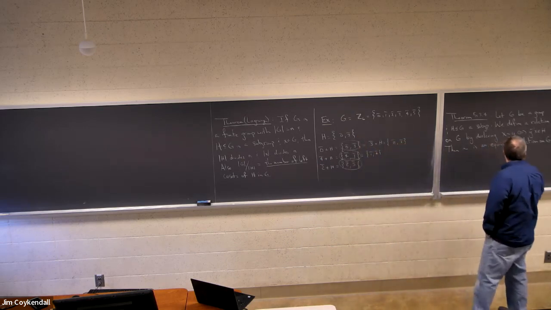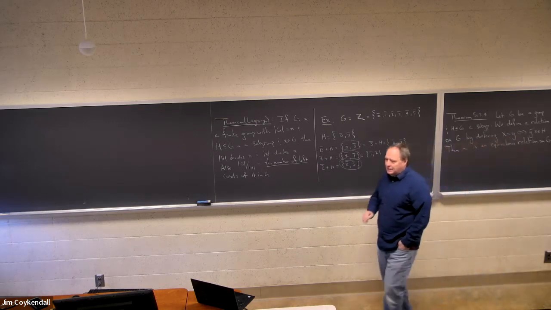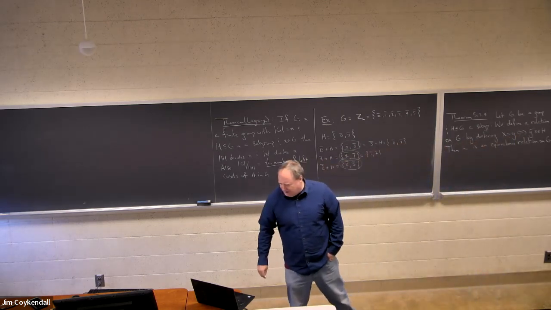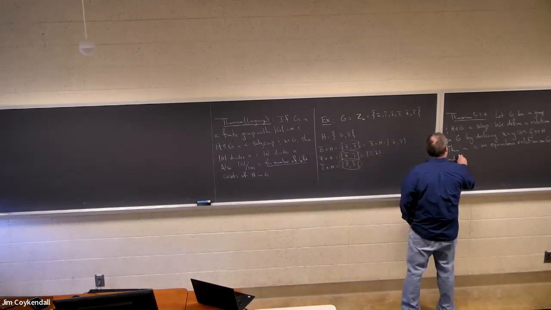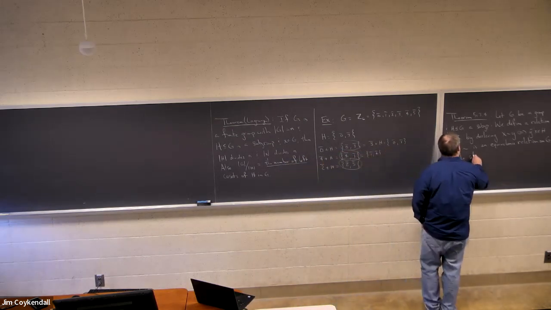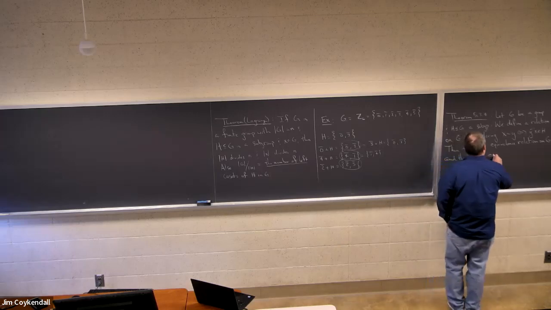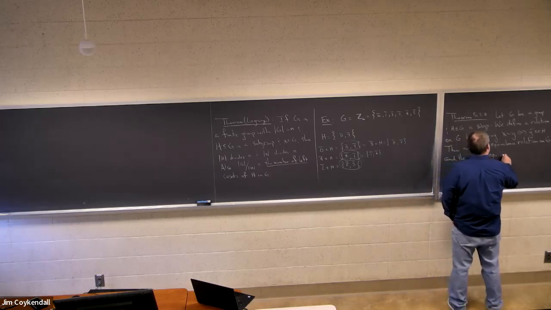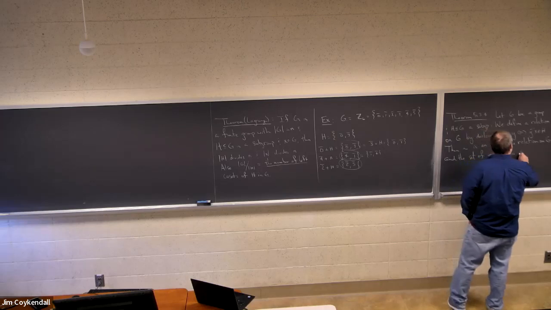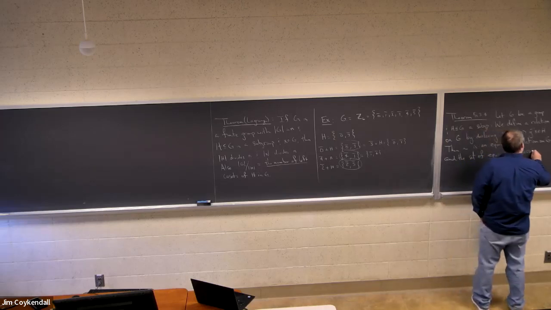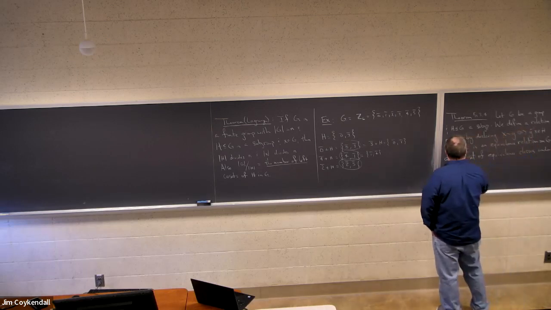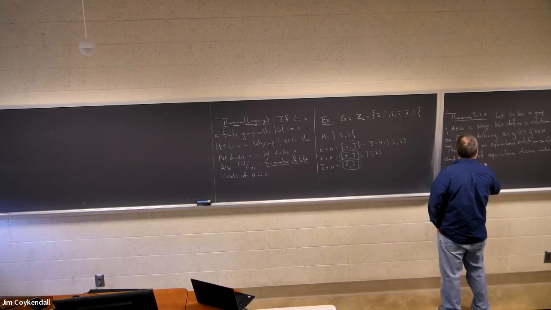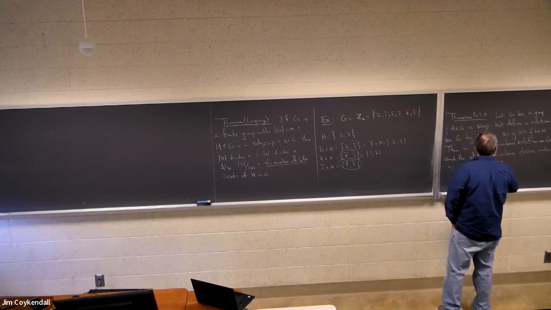Then this is an equivalence relation on G, and the set of equivalence classes is, yes, precisely the set of left cosets.